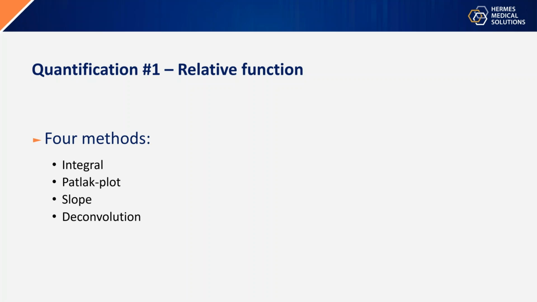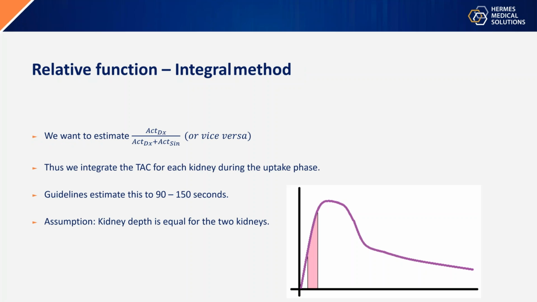And the four methods we have available to determine the relative function are the integral, the Patlak plot, the slope method, and deconvolution. So let's go through these one by one. The relative function integral method is simply the time activity curve integrated during the uptake phase.